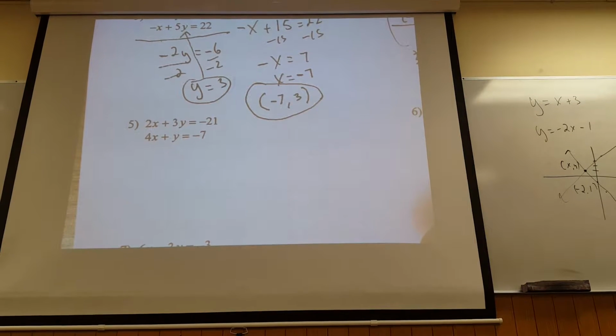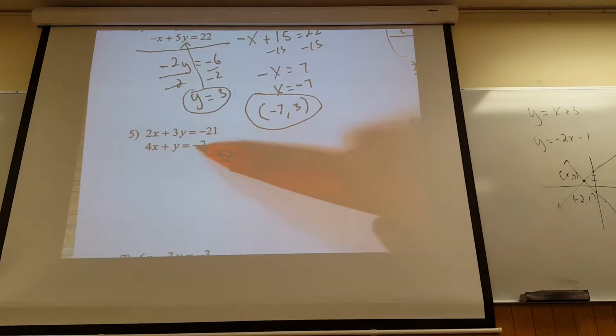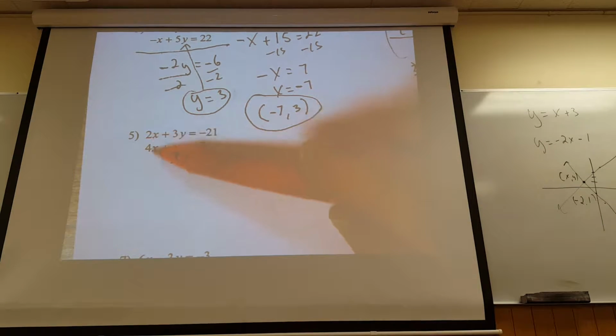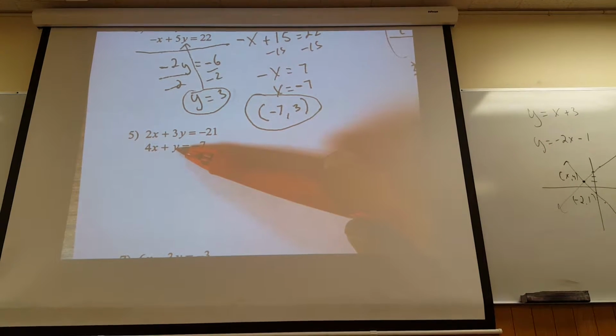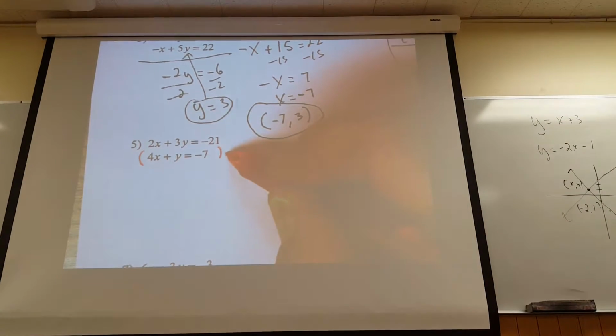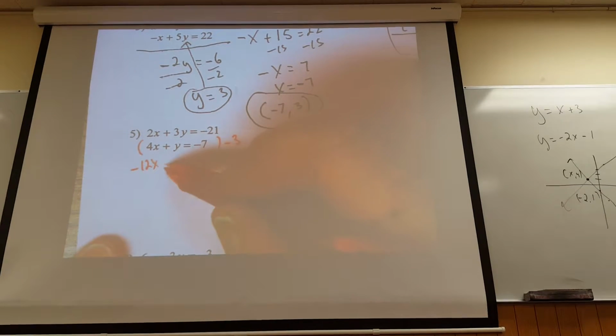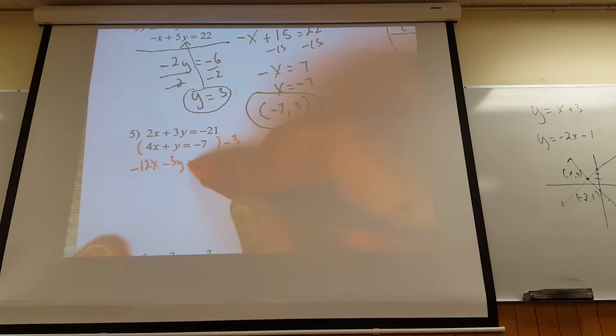Number 5, if we were to eliminate the y's, you could also eliminate the x's. What would you have to do to this bottom equation? That would be negative 12x minus 3y equals positive 21.